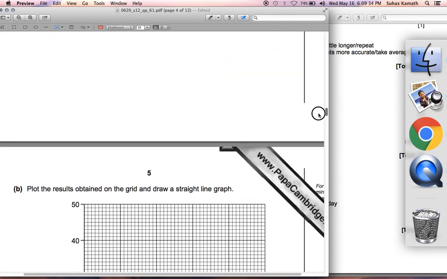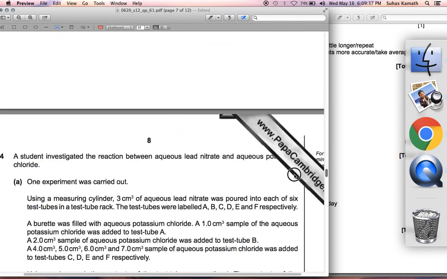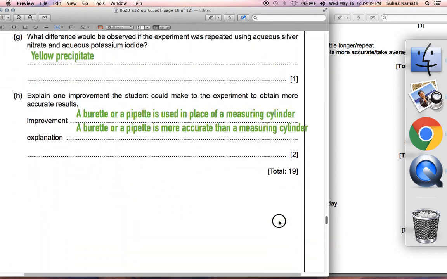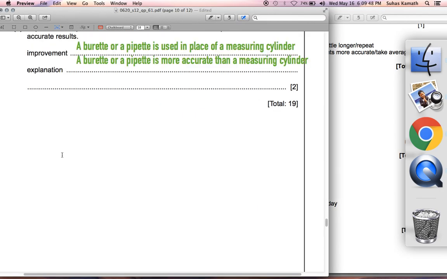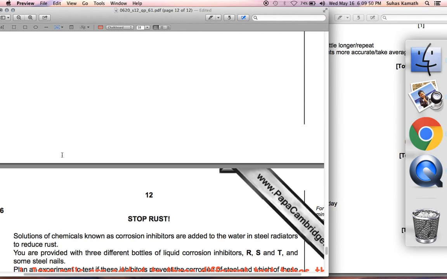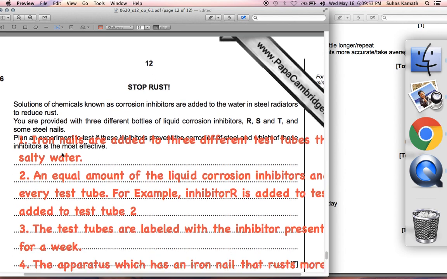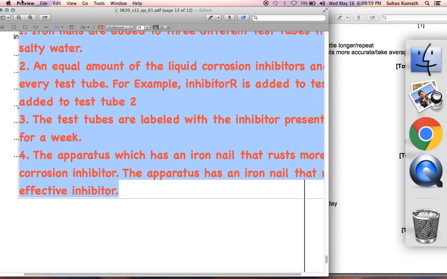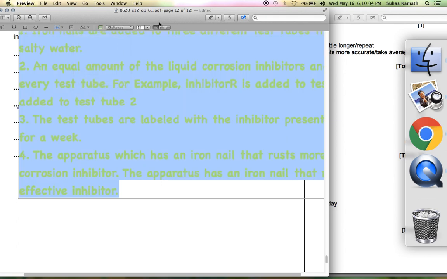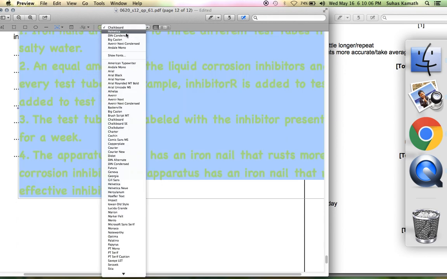Then coming down, I get the next question. Yes, effervescence is observed. Lime water turns milky. Ammonia. Oops. I wrote this whole thing in another color with another handwriting.